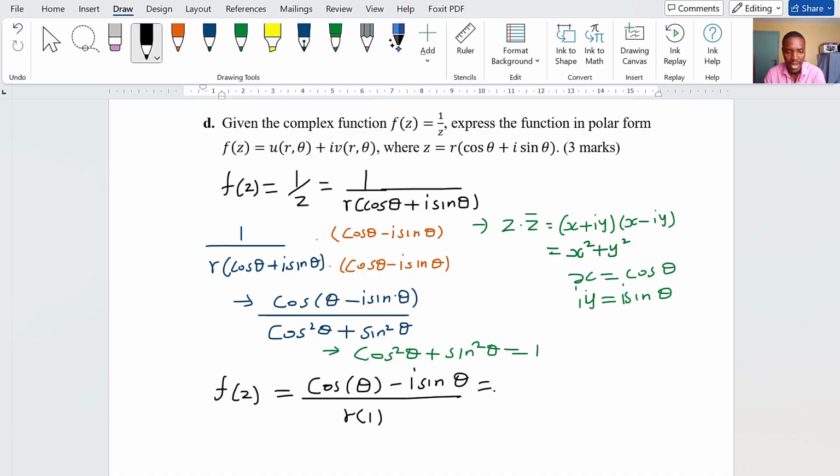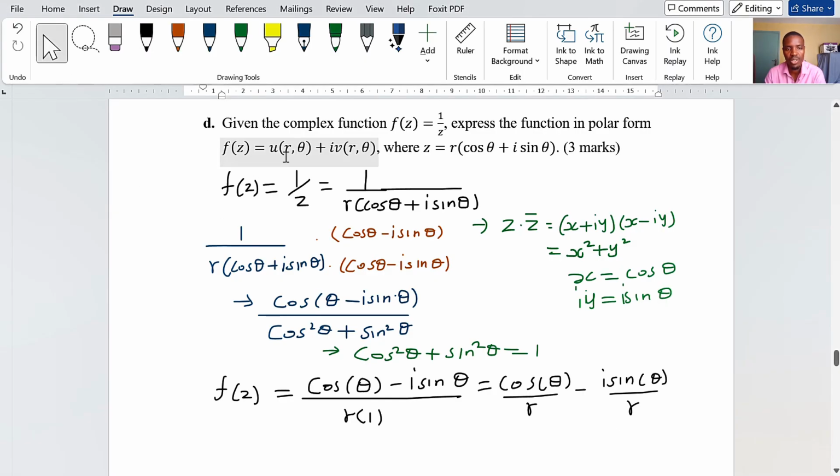Now we separate the real part and the complex part. So the real part will be cos theta over r minus the complex part, which will be i sine theta over r. So that is it.